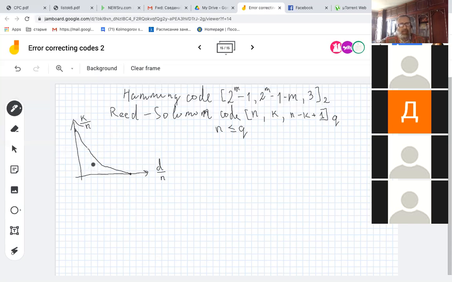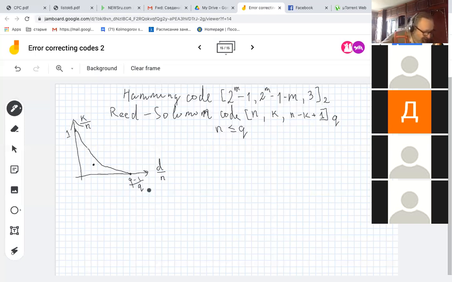and we want to have some code, say, close to this bound, a little bit below, with efficient encoding and decoding procedure. Recall that on that curve, we have codes, but they were constructed using a greedy algorithm.